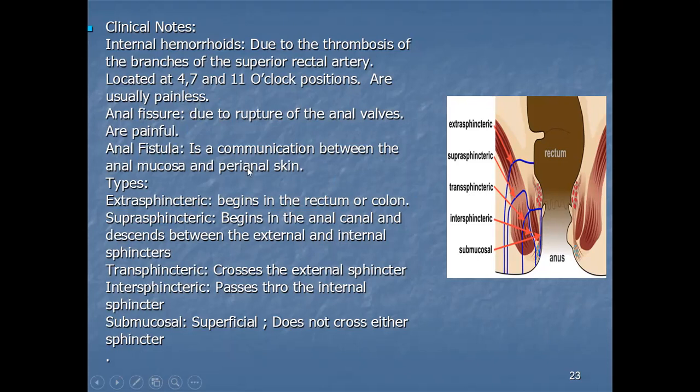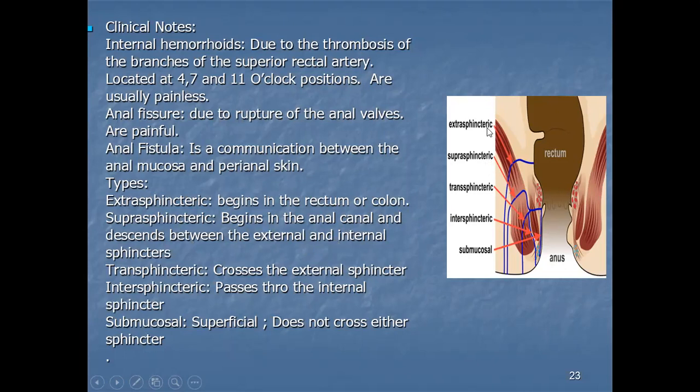As well as anal fistula, which is a communication between the anal mucosa and the perineal skin. If there is any infection inside, it will open like a tube outside into the anal canal. That is called the anal fistula. So the types: the extrasphincteric begins in the rectum or the colon. The suprasphincteric begins in the anal canal and descends between the external and internal sphincter.